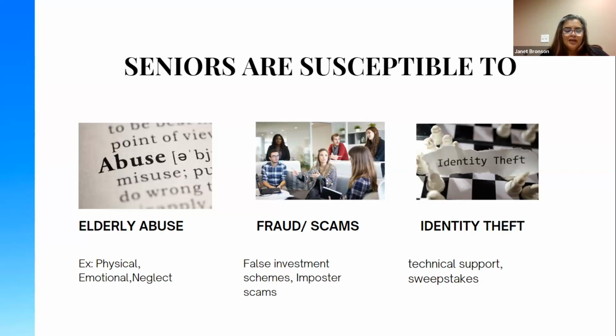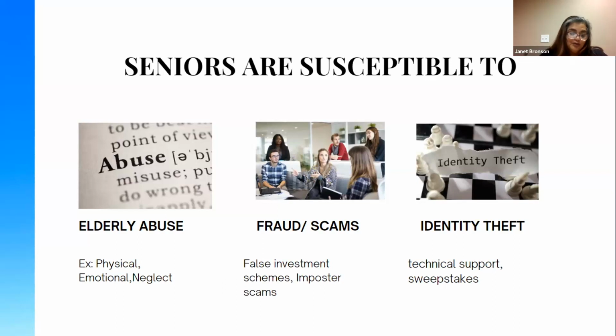There's financial exploitation that our seniors face, and that could be people intercepting checks, coercing a senior to change their estate, befriending them for personal gain, identity theft.